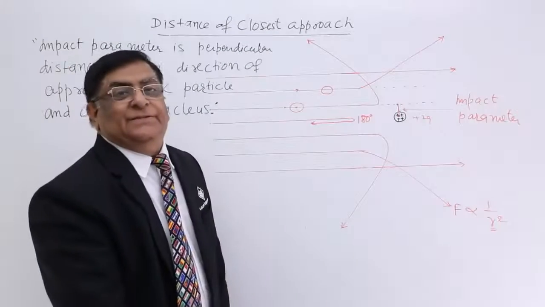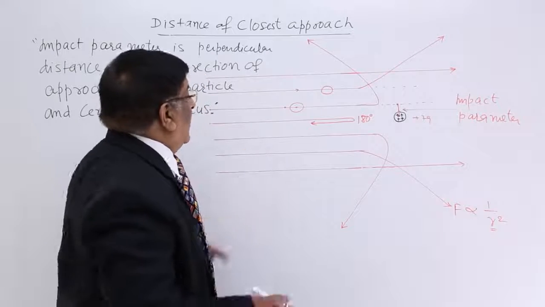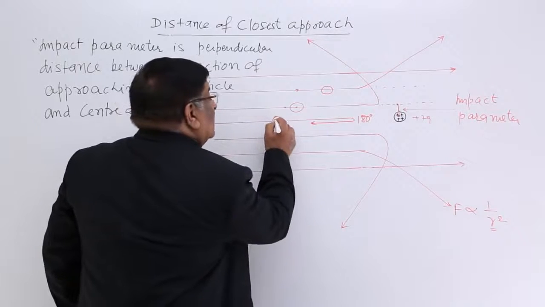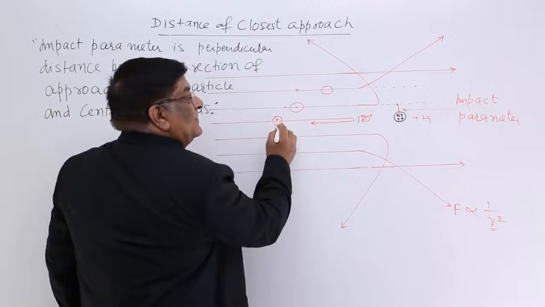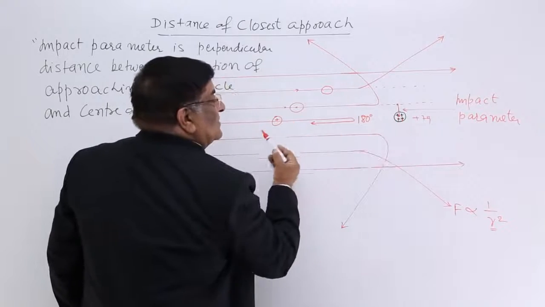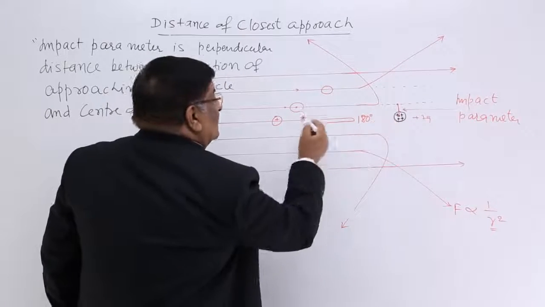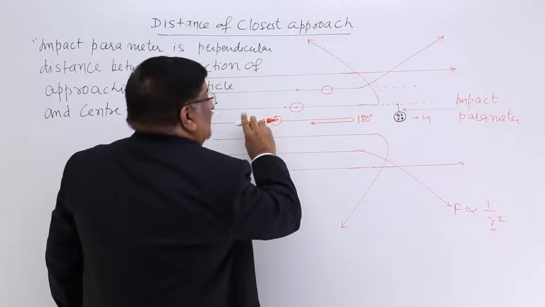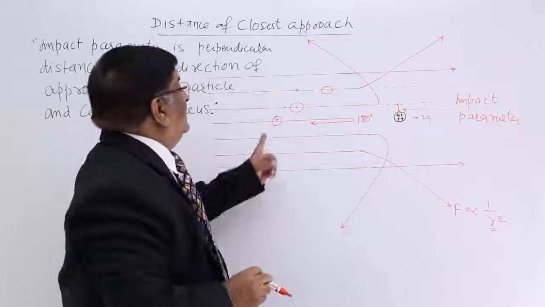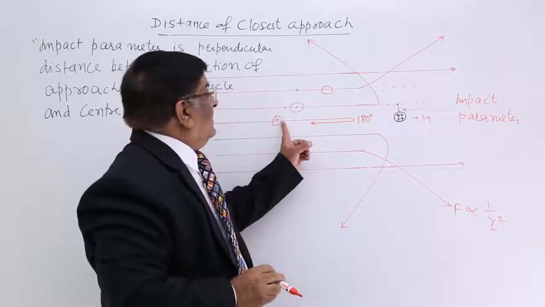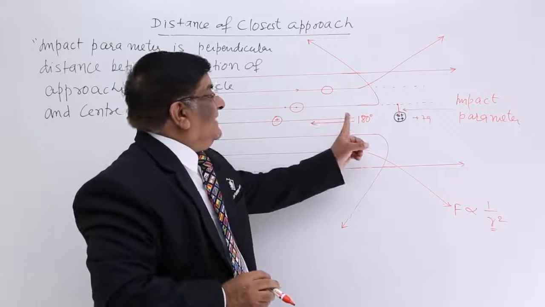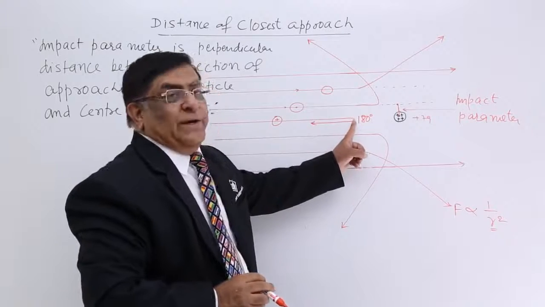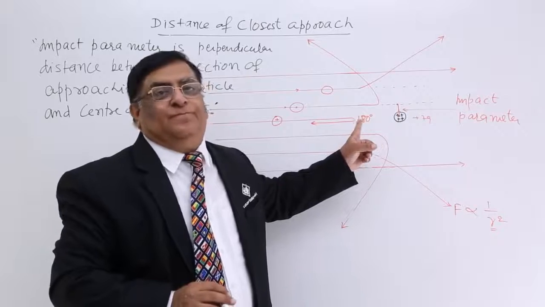Why has it turned? Answer: because there is a positive charge on it, there is a force of repulsion. Because of this force there is a deceleration, and because of that, speed goes on decreasing. At one point the speed becomes 0.